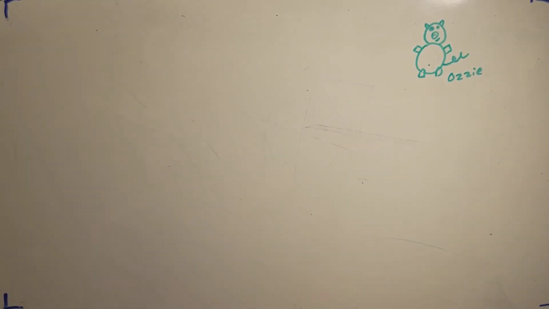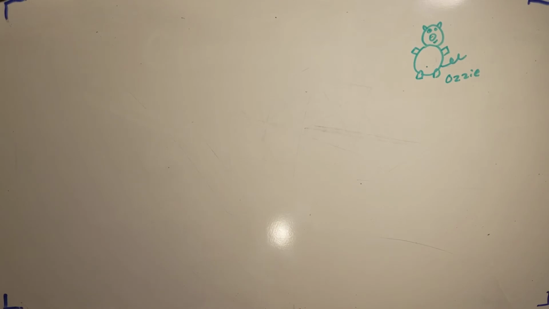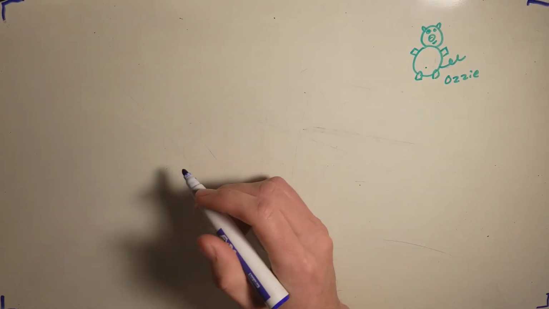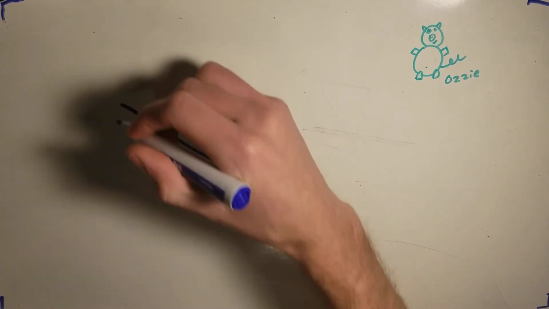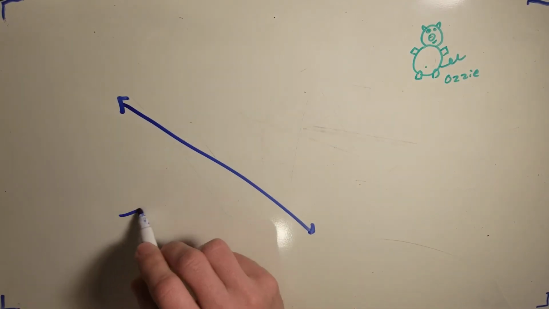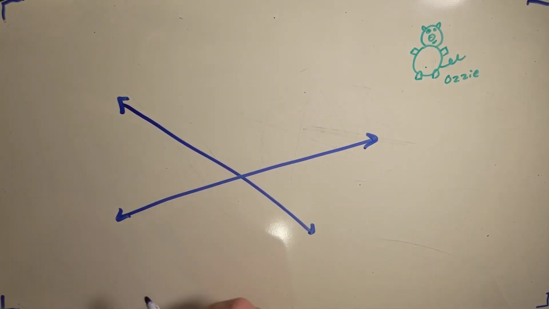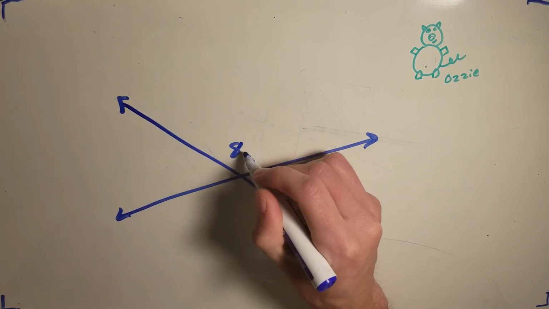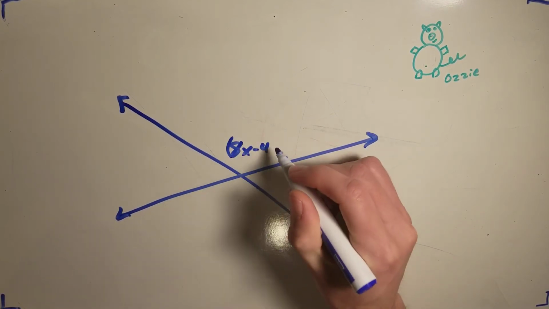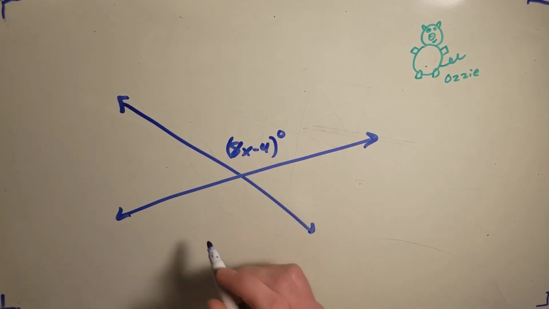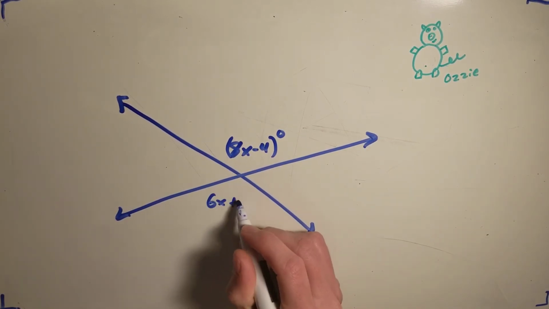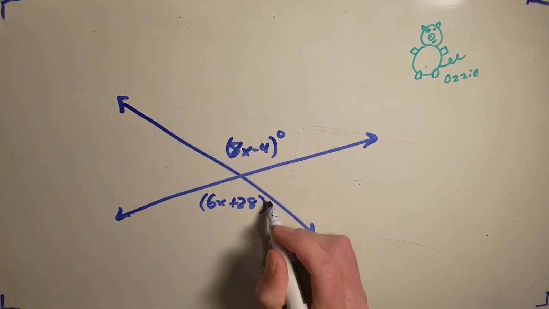For this one, our goal is to find the value of x and the measure of each angle, so a little extra work here. We are given two intersecting lines again, with 8x minus 4 degrees and 6x plus 28 degrees.